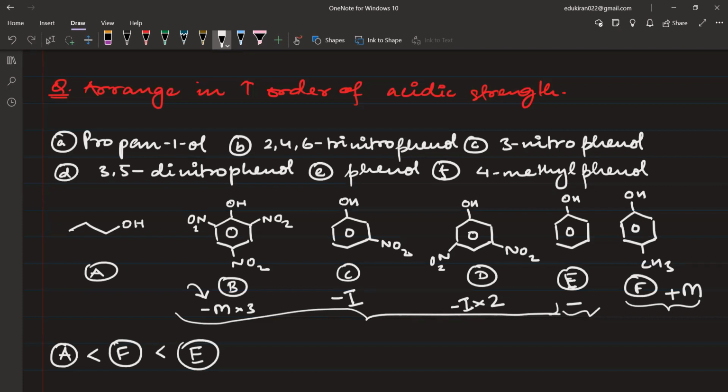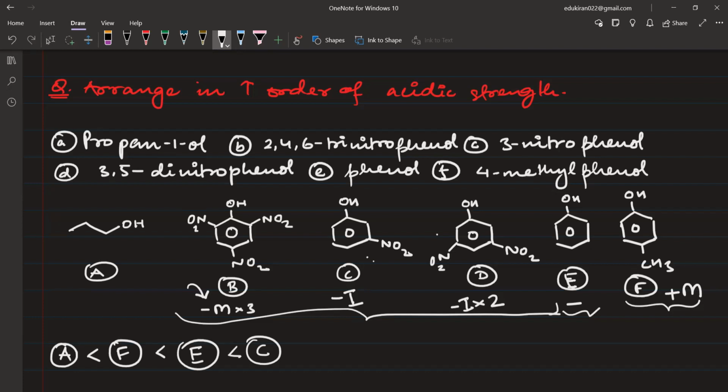Okay, so first of all we will clear up what is similar here. Minus I is similar. So in these two, C and D, which is less acidic? Tell me. C and D, which is less acidic? C. Very good. C will be less acidic. Why? Because it is having less electron withdrawing group. That means it will be less acidic.